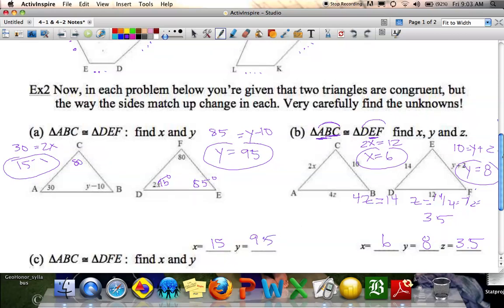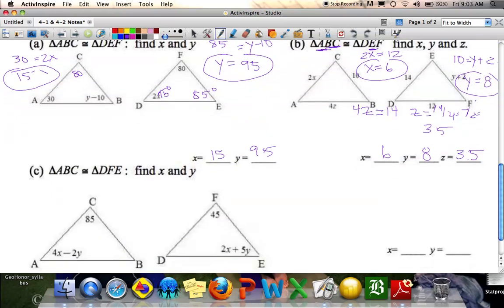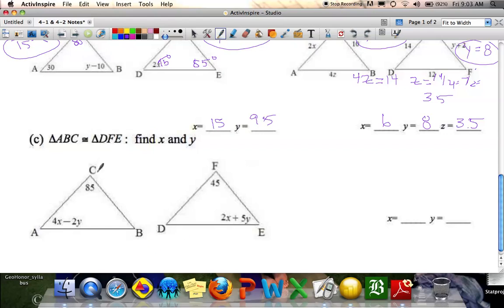Next problem. Triangle ABC congruent to triangle DEF. Find x and y. So I think I'm just going to help walk you through the setup and you finish the algebra. Angle A lines up with angle D. Well, there's not enough information. Just deal with that right now.